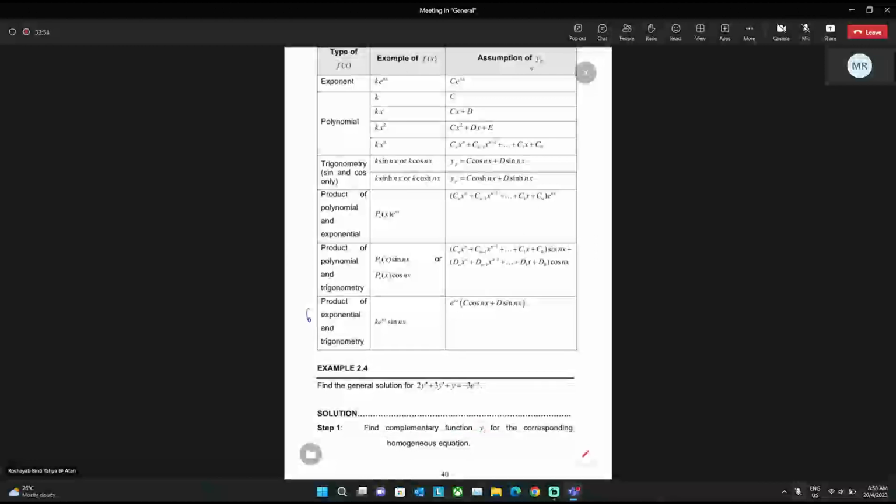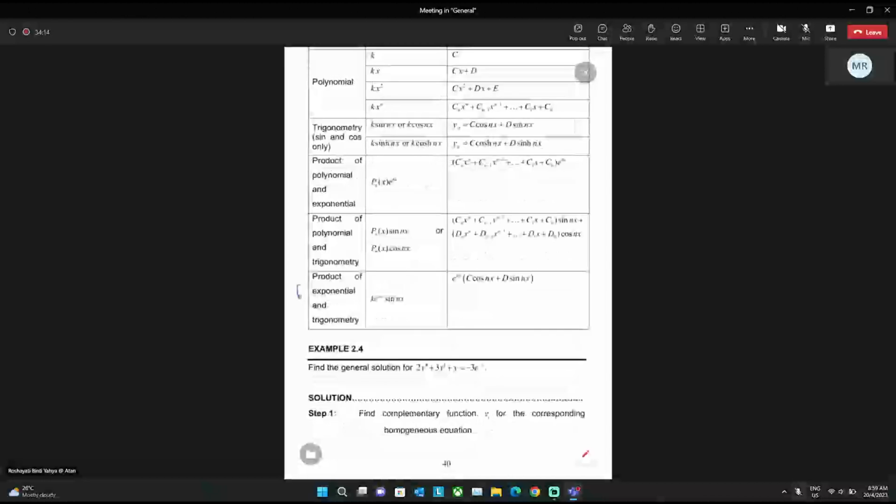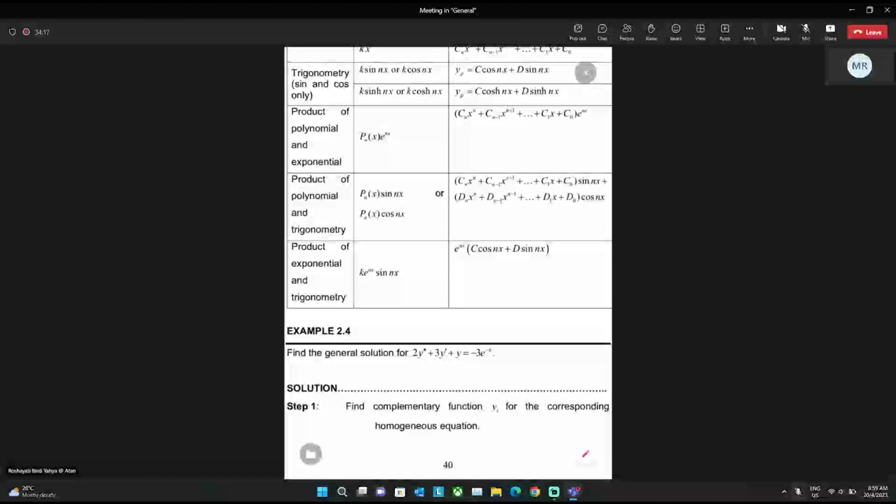For the corresponding homogeneous equation, based on the equation given, what is your f(x)? What is the value of f(x)? -3 exponential -x is your f(x).